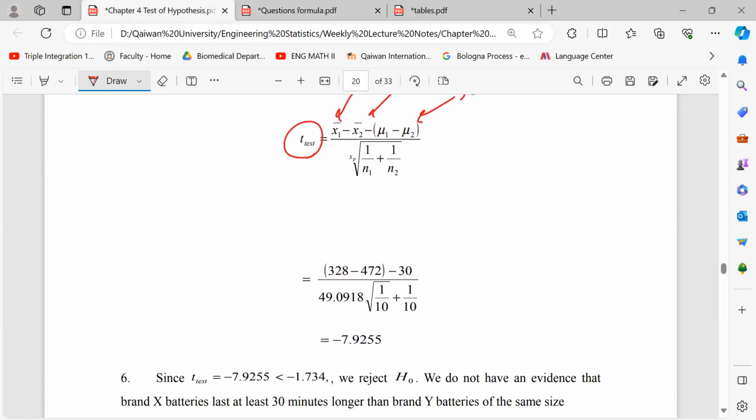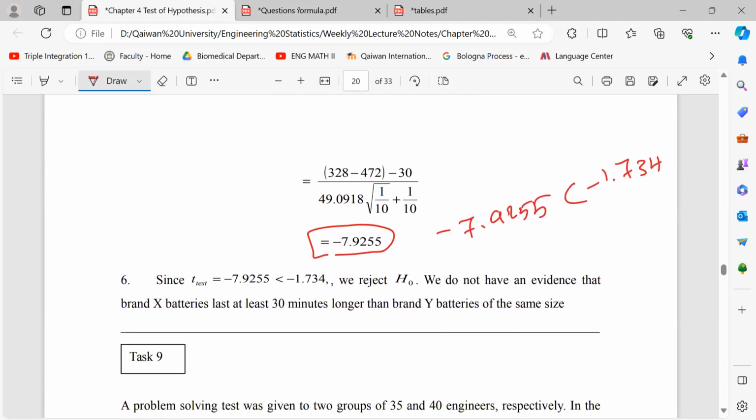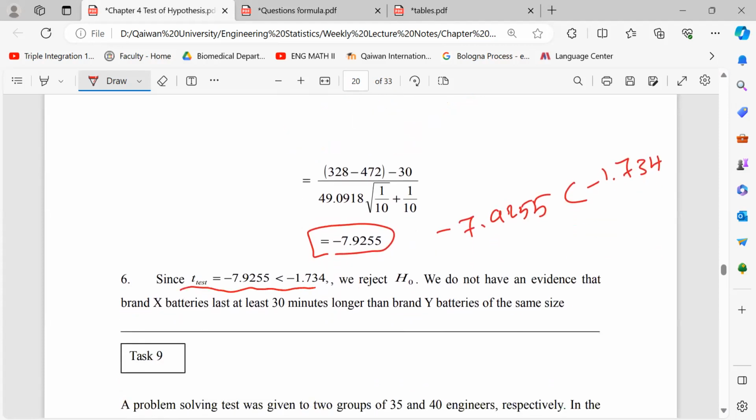And we calculate. We get minus 7.9255. Is it less than minus 1.734? Yes. So we reject H naught. Since T test is less than this one, we reject H naught.